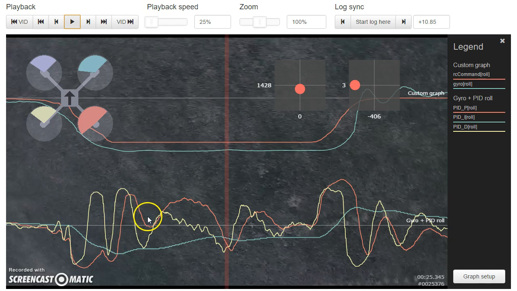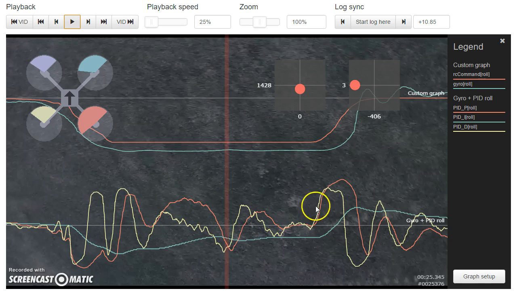I've said this before, but I'll say it again in case somebody isn't following along. The RC command and gyro go below the axis. Here's the 0 axis. They go below the axis. That's left roll. The P term goes below the axis, so it's pushing the same direction. Now it goes above the axis, so it's pushing the opposite direction, trying to slow the roll down. We really do see one push in, one push out, another push out.